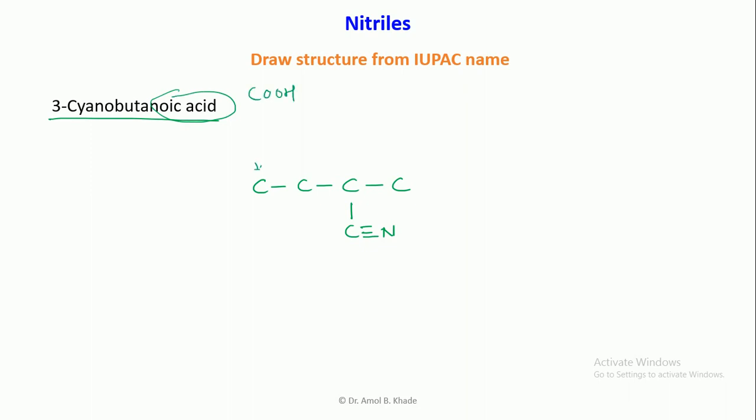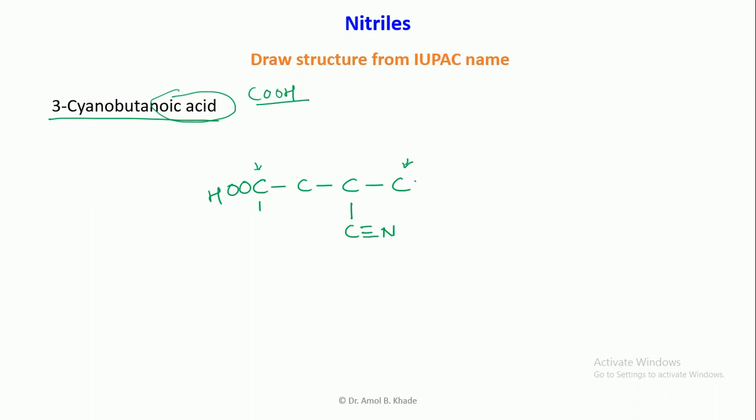So will you attach a carboxylic acid to this carbon or to this carbon? Can you guess? If you attach it here, then this will be 2-cyano, right? Because the carboxylic acid will get the highest priority and you have to give the lowest possible number to this functionality. So this will be COOH on the left side.